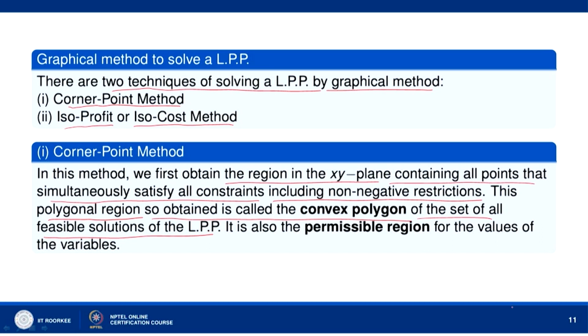That polygonal region, which is a convex set, is the set of all feasible solutions, and we call it the feasible region or permissible region. The feasible region is obtained by finding the set of values of x and y, or x1 and x2, which satisfy all the constraints given by system 2 and the non-negative restrictions.